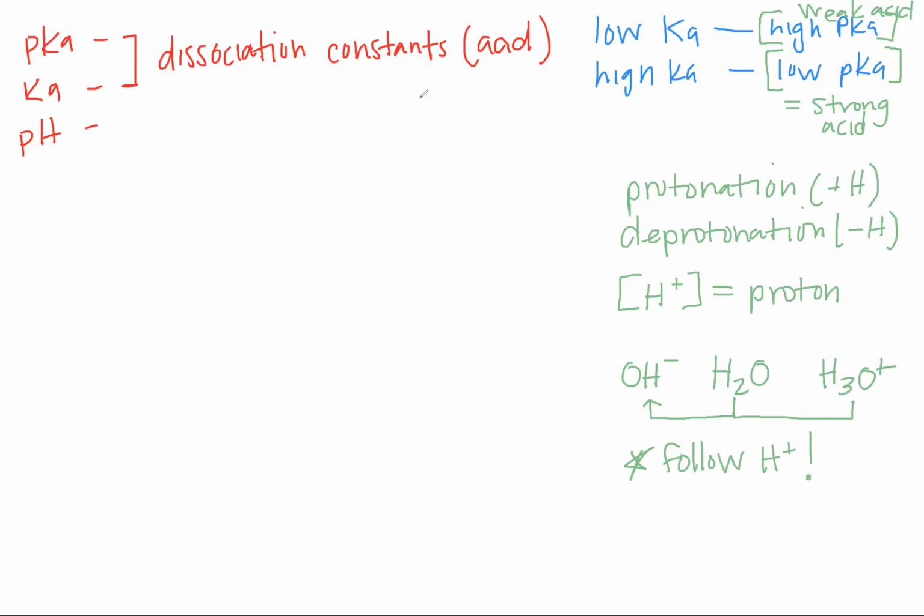So dissociation constants just talk about the likeliness for full or partial dissociation of hydrogens. pH just determines if you're an acid or base, right?